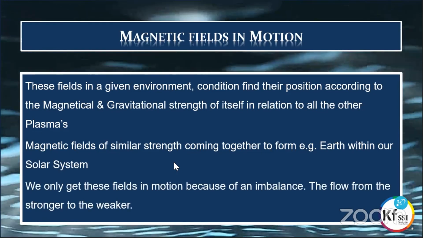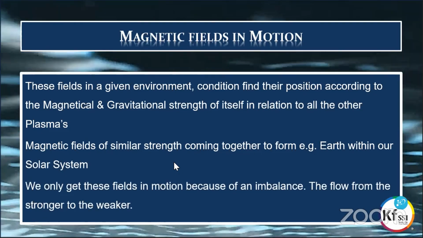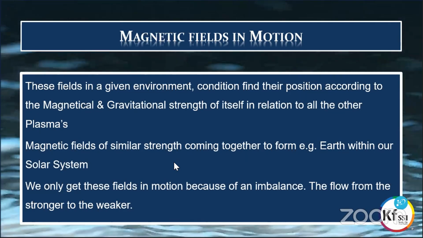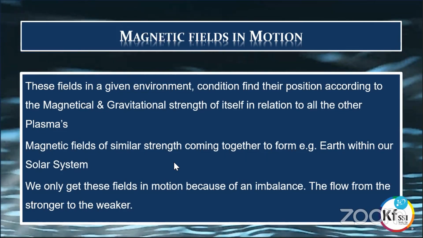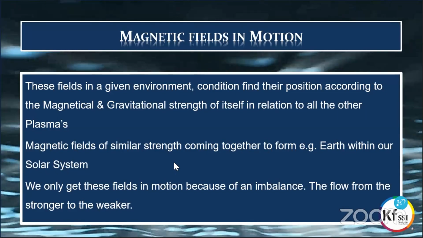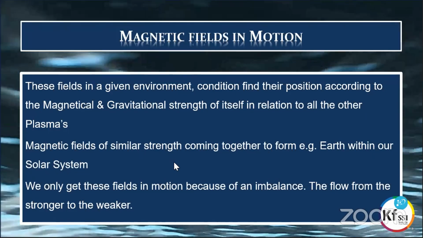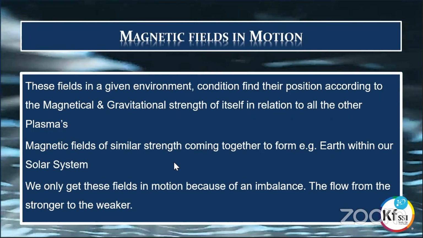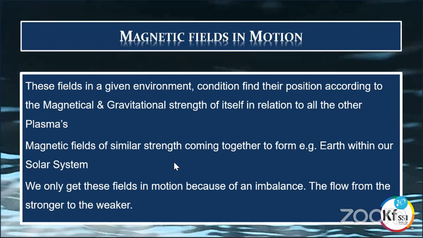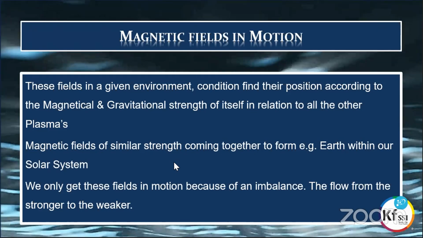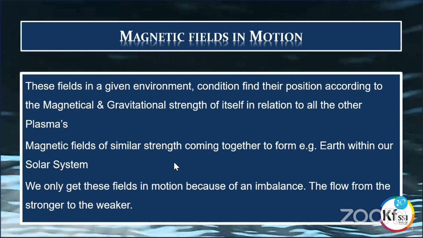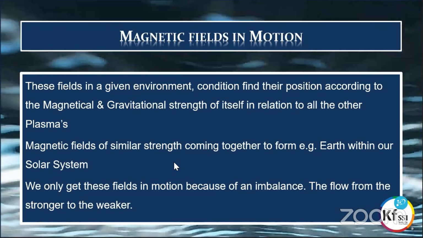So, magnetic fields in motion. These magnetic fields in a given environment or condition find their position according to the magnetic and gravitational strength of itself in relation to all the other plasmas. So what we're saying there is that it has to find its position, not just independently, but in relation to all the other plasmas around it.